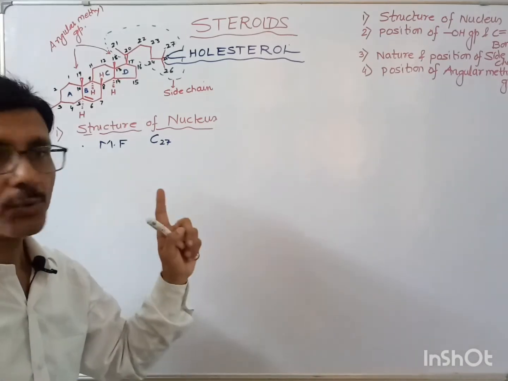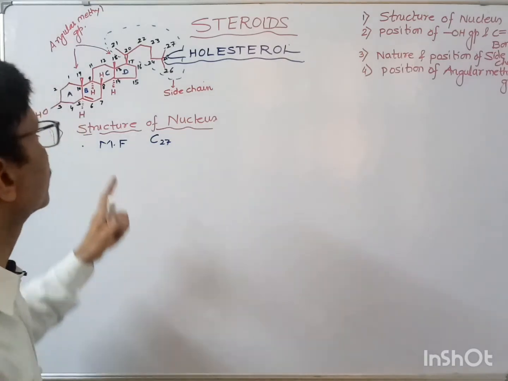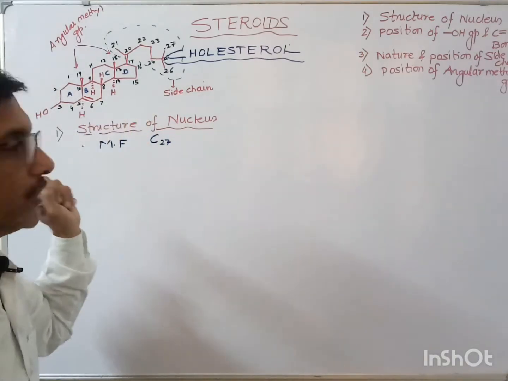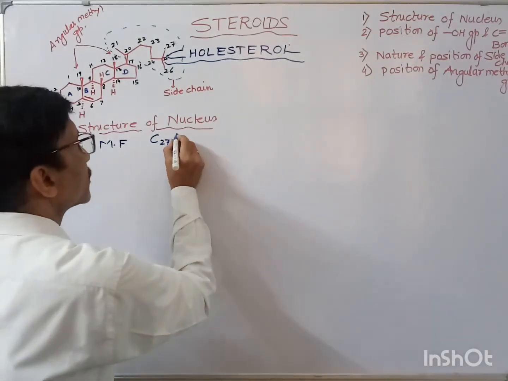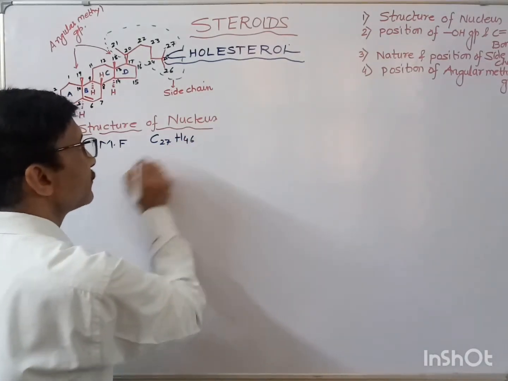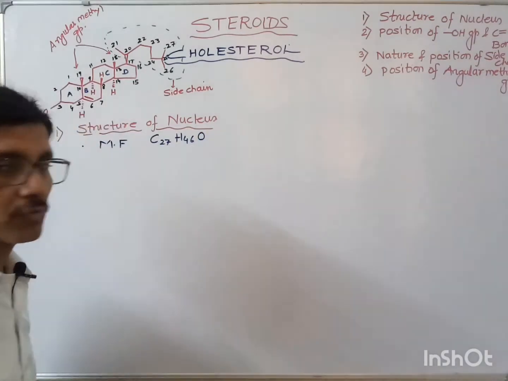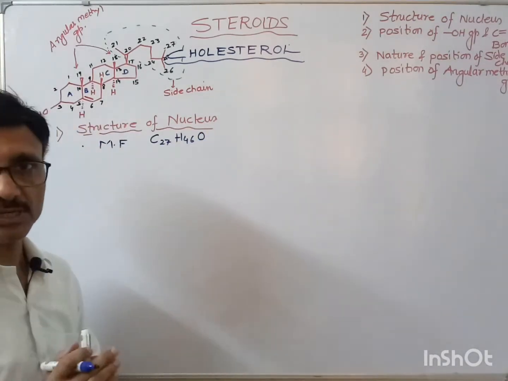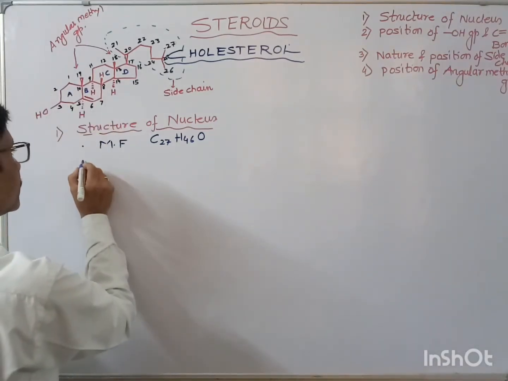In nomenclature I told you about the different derivatives of steroidal rings. So this is the cholestane nucleus. 27 carbons are present, the number of hydrogens is 46 if you count, and one oxygen atom is present. This is the molecular formula that was determined by elemental analysis and other methods.